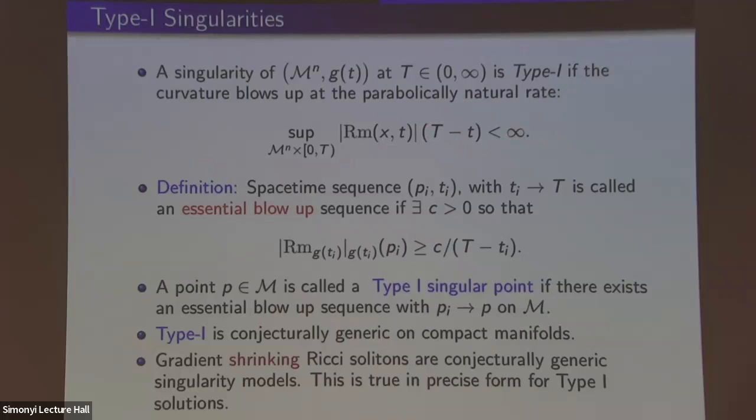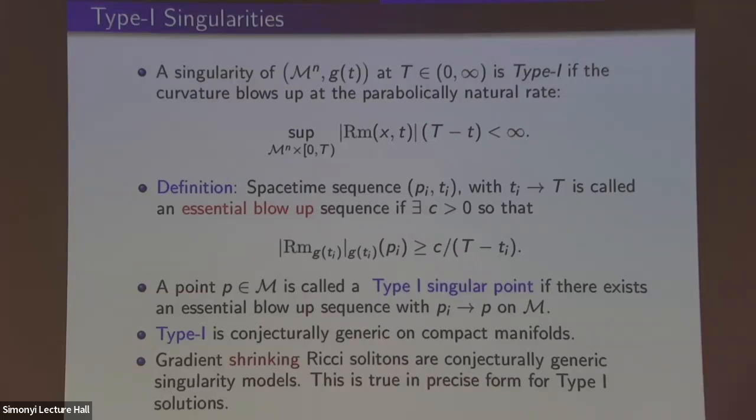So how do you study the singularities? You want to take a sequence of points p_i on your manifold and times t_i converging to the singular time, and you want to rescale and then take the limit. Here is the definition of the so-called essential blow-up sequence.